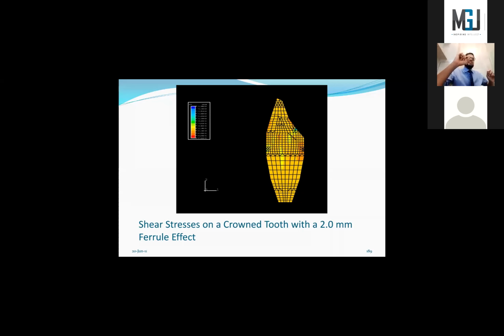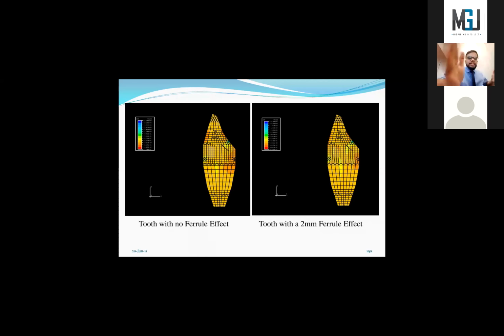So I repeat again, this point is very important for clinicians and people who are practicing. 1.5 to 2 mm of sound tooth structure supragingivally 360 degrees. Make sure that the margins of your preparation always sit on sound tooth structure, never on the core directly. That's when you will have a long lasting restoration and it functions in unison very effectively. Okay, so that's a very simple way of describing a no ferrule effect versus a very ideal ferrule effect of a 2 mm supragingival tooth structure.